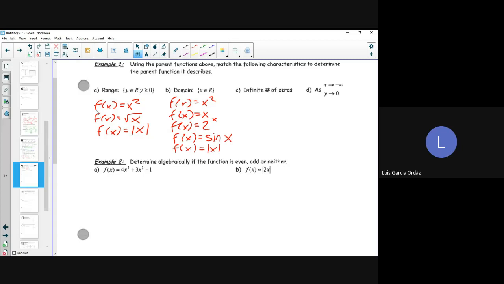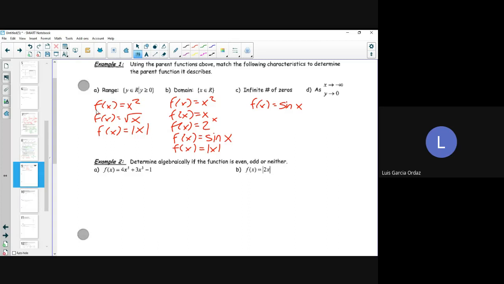For C, we want to find parent functions that have an infinite number of zeros. I think there's only one of those, sinusoidal. So f of x equals sine x. And the last one, we want parent functions where as x approaches negative infinity, y approaches 0.